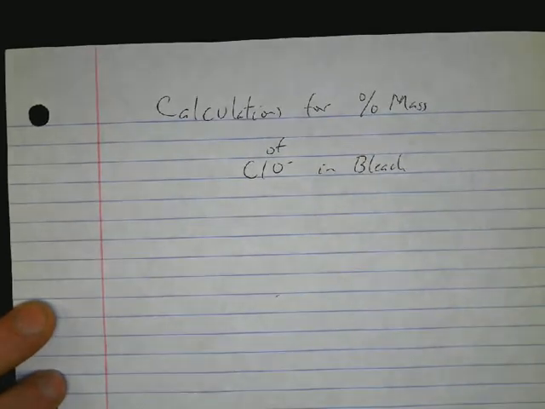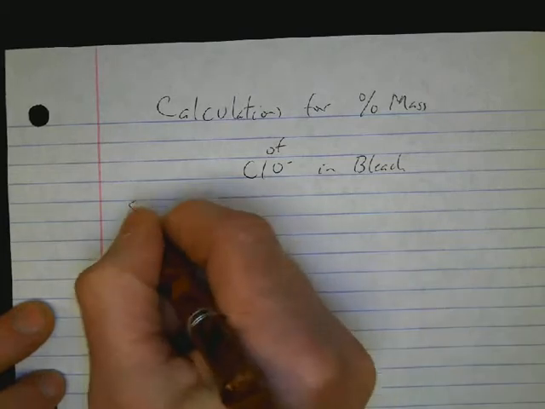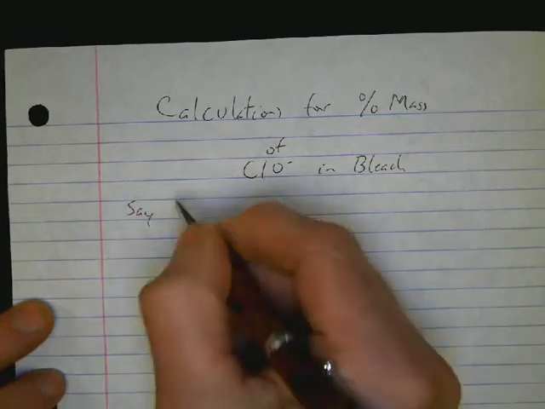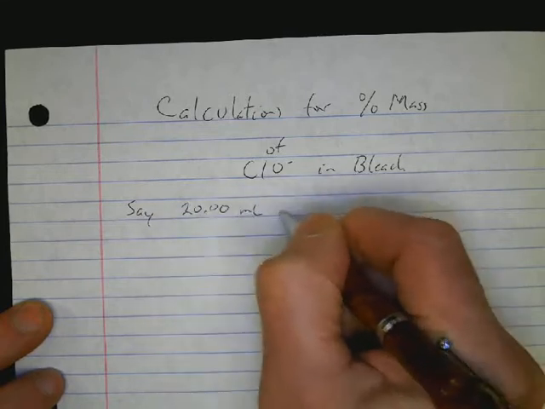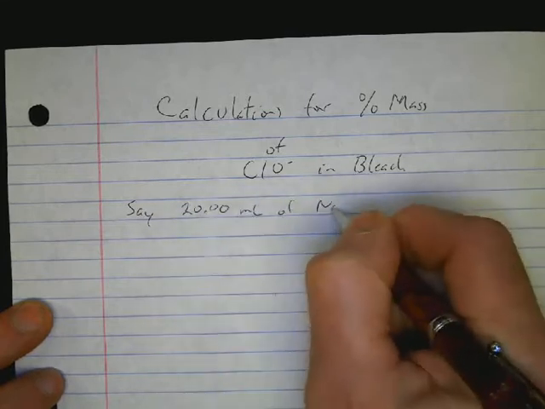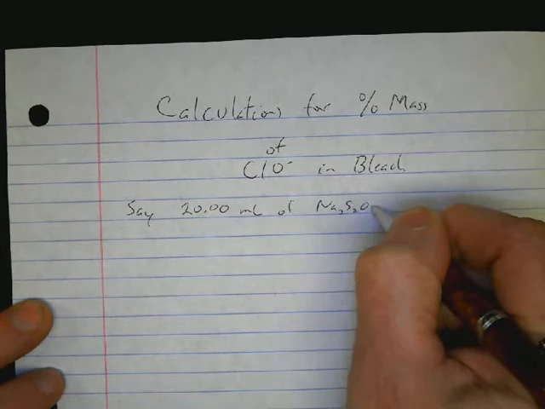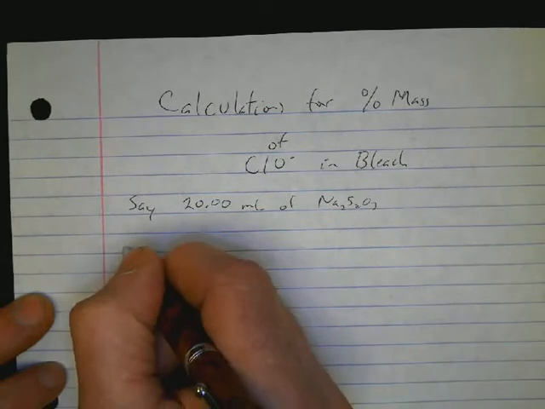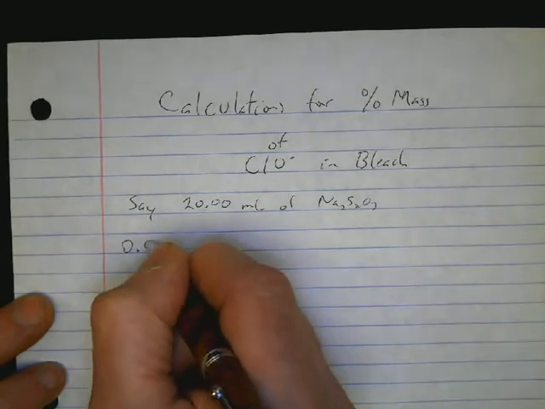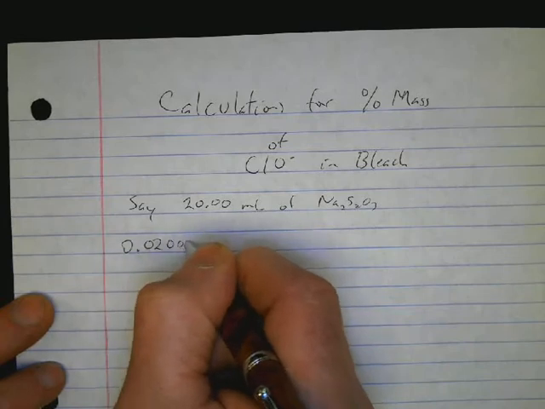But let's say, for example, that your titration used 20.00 milliliters of sodium thiosulfate. So this is where you're going to start, with that piece of given information: 0.02000 liters, right?